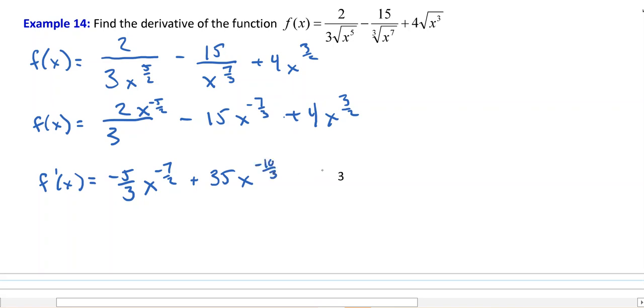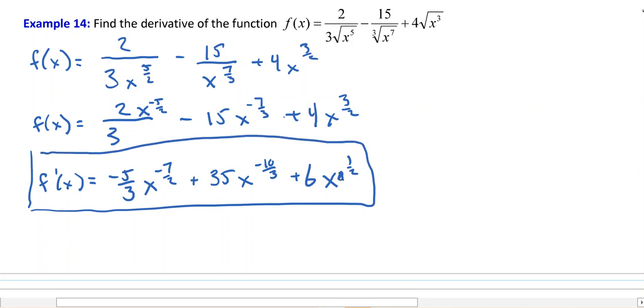And then 3/2 times 4 is 12/2, or 6, 6x to the 3/2 minus 1, or 2/2, would be to the 1/2 power. So this is the derivative.